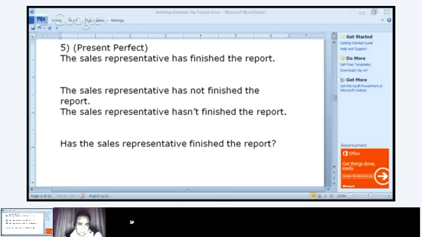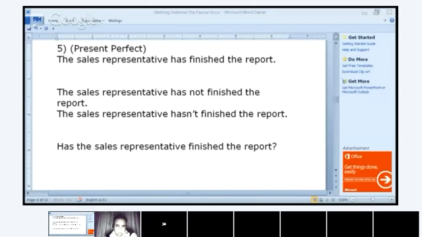So we don't mention him. Okay, and so the report hasn't been finished. The report has been finished. Good news. And let me keep scrolling down. Has the report been finished? Okay, and those are the ideas that I was looking for.